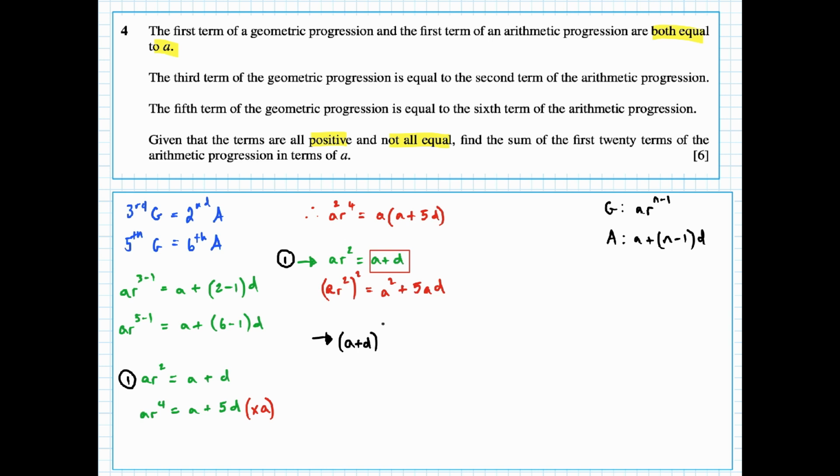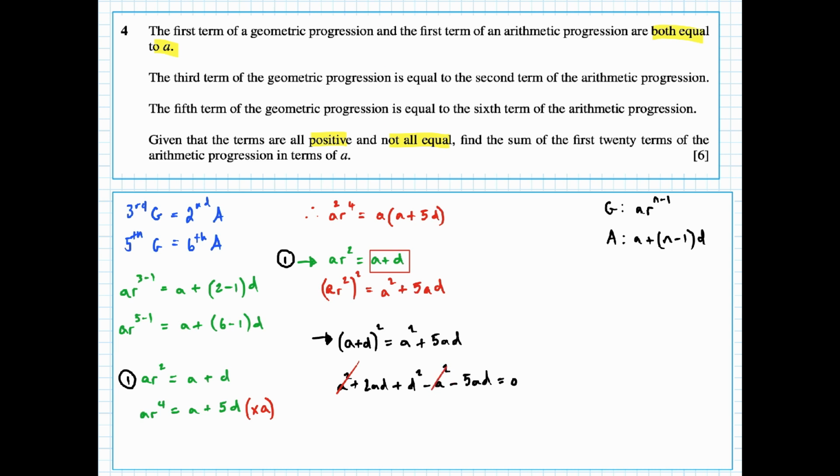So ar squared is replaced with a plus d. We end up with a plus d, squared, is equal to a squared plus 5ad. That part is pretty significant. That's a pretty hard part to figure out, to equate that together. Multiplying it from here is probably straightforward enough.